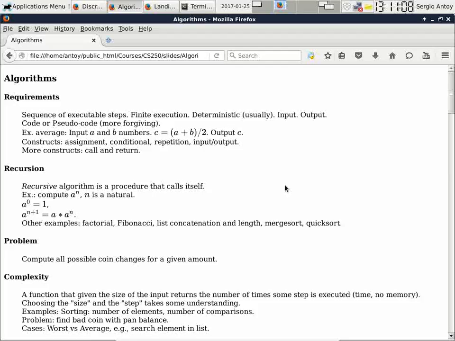So typically when you do recursion on the natural numbers, you consider the case 0 and the case n plus 1, which cannot be 0, and you say what to do here. Yeah? You with me?